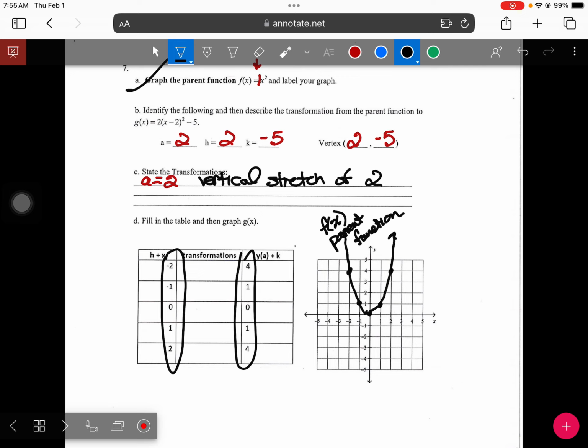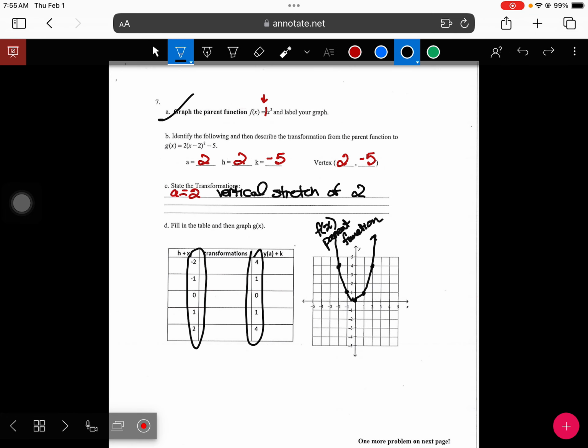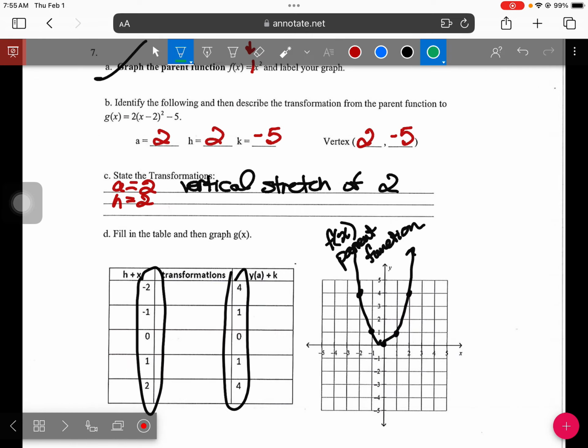Justice, do you have all this? You should write it down if you don't. Okay, vertical stretch of 2. It's not negative, so it's not reflected across the x-axis. H is equal to 2. How do I write that? Translates 2 units right.